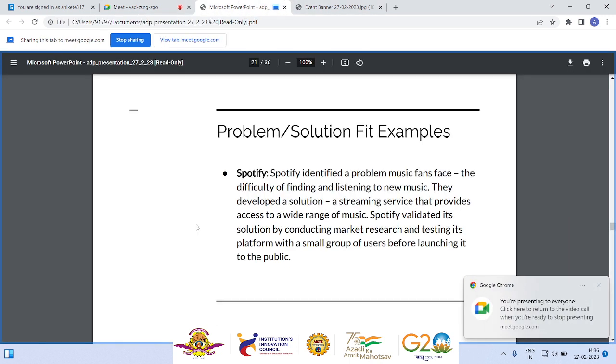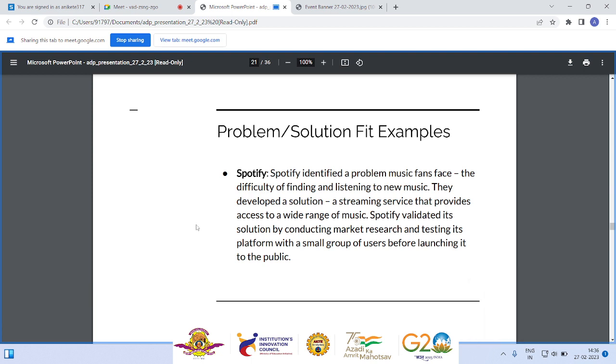So it's a brilliant example because it has captured the market of the different online music platform providers that were there. It identified the problems of the music fan base, the difficulty of finding and listening to new music, and they developed and validated a solution by conducting market research and testing.